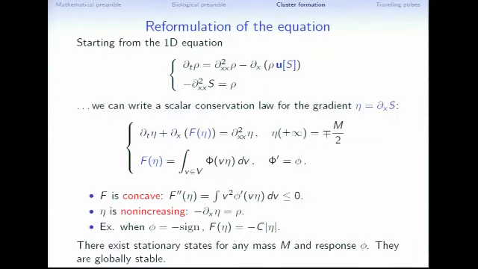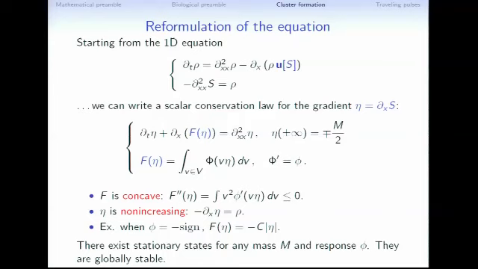A quick observation for this model, which enables us to catch the long time behavior of this system. In fact, you can reduce this system of two equations to a scalar conservation law, if you write everything with the gradient of the chemical.